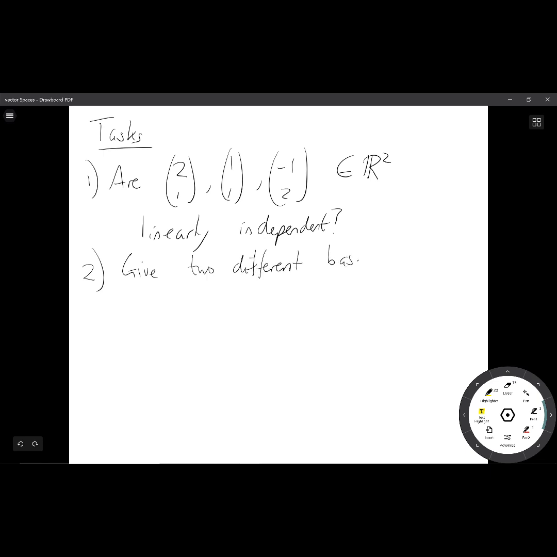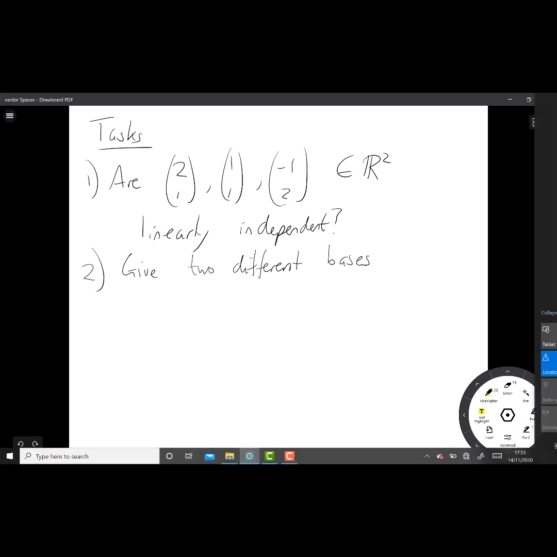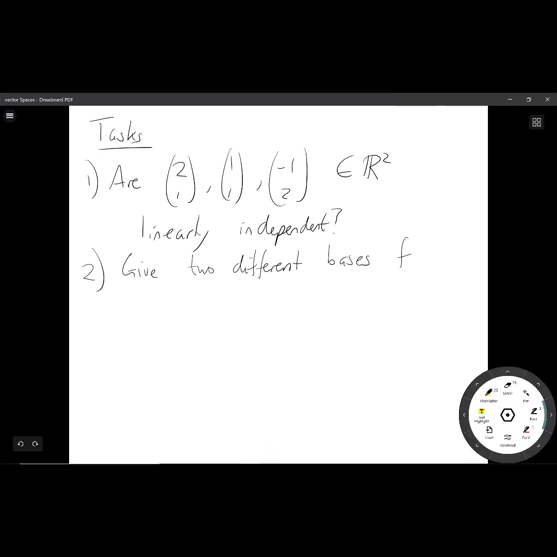Bases is the plural of basis. And the third question is, write 3 different subspaces of R3.